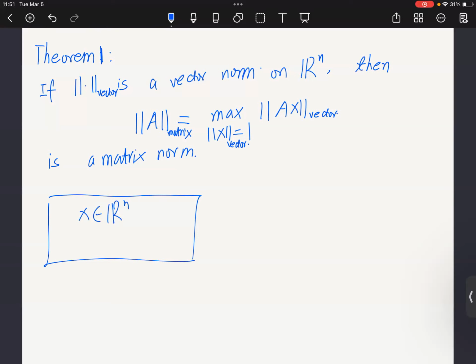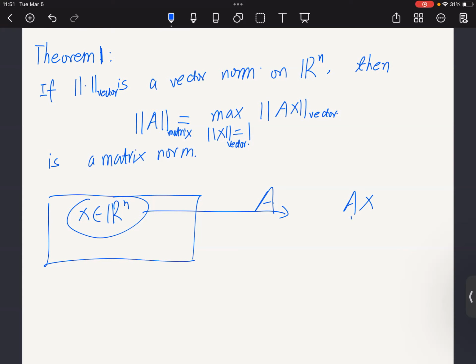And you use the A matrix to do some transformation. You have the X vector and the A matrix, and you get AX. And what is AX, A times X? Is it a matrix or a vector? Vector.